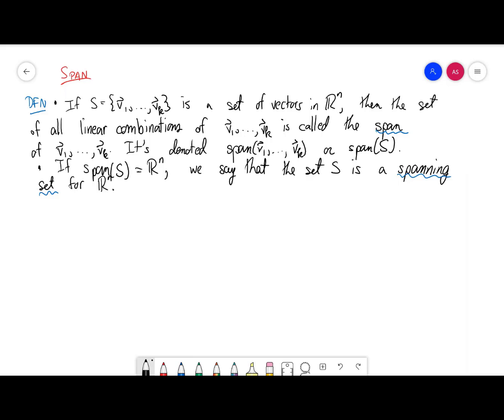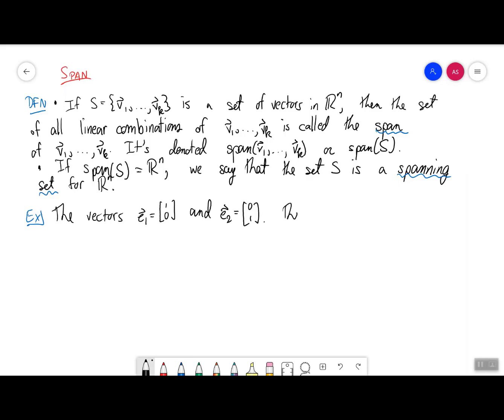Let's start with a prototypical example. And that's the vectors e1 equal to 1, 0, and e2 equal to 0, 1.